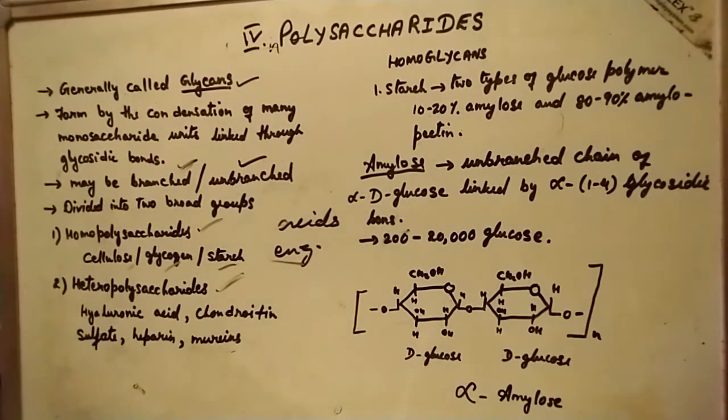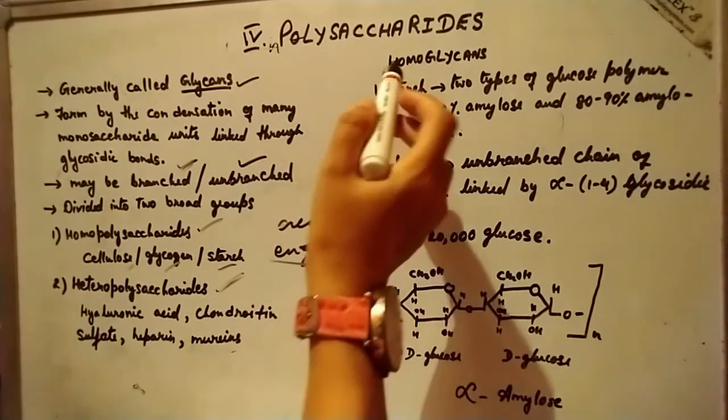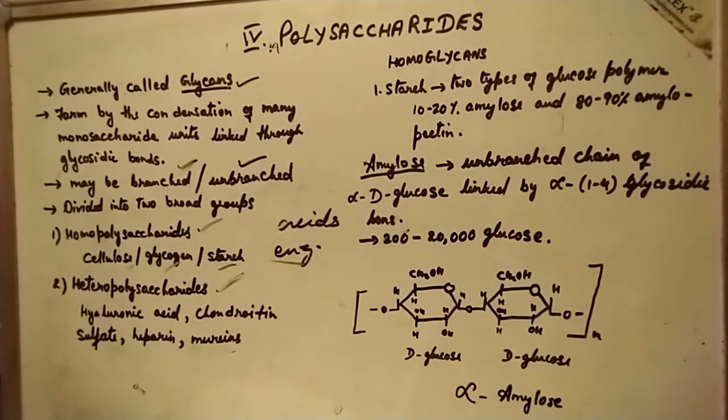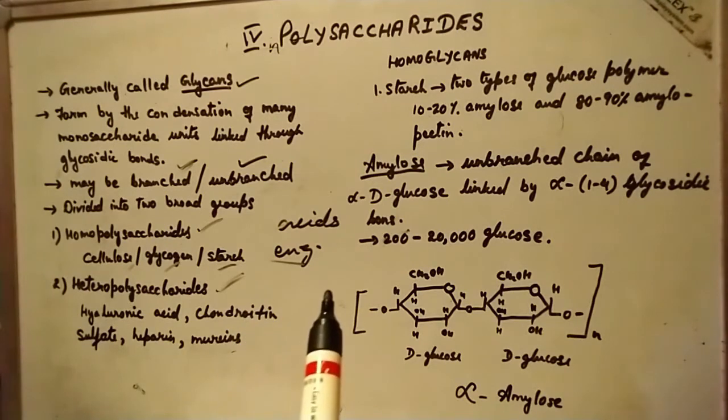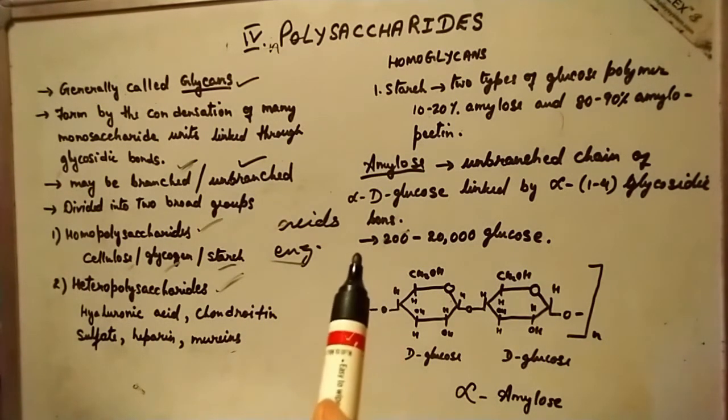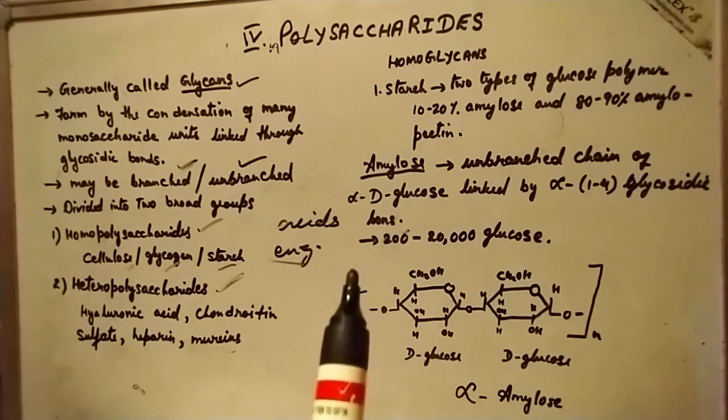So now let us study these two important broad groups of polysaccharides. The first one is homopolysaccharides or homoglycans. As I had mentioned, upon hydrolysis they yield only one type of monomeric unit, monosaccharide units. One of the best examples is starch.